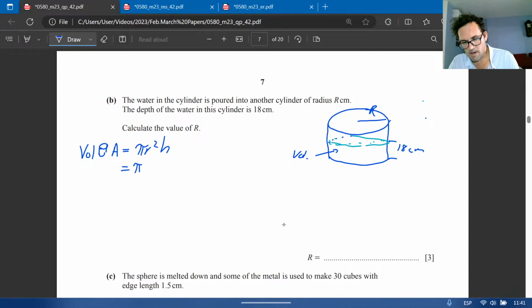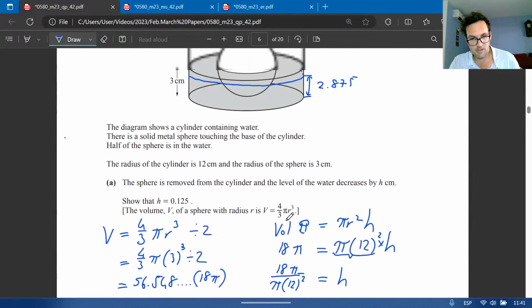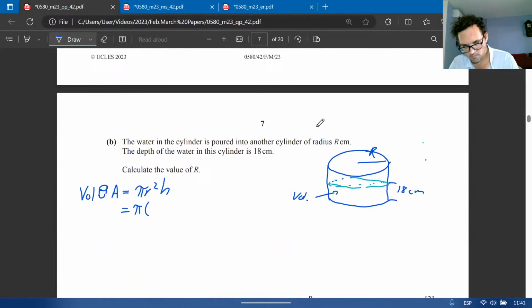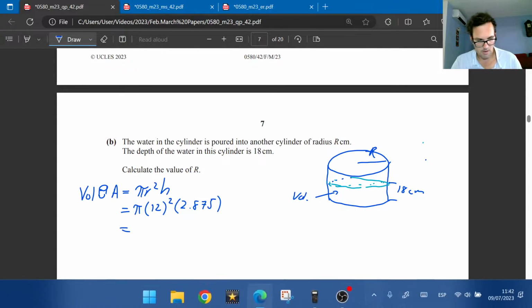So that's pi, the radius of this cylinder is still 12. And the height after we took out the sphere was 2.875. Okay, let's just work that out.